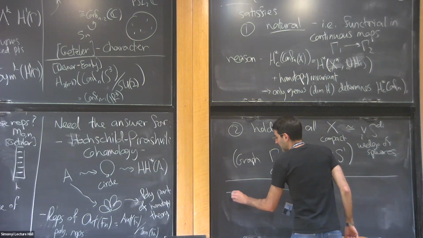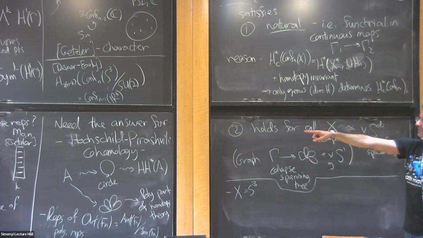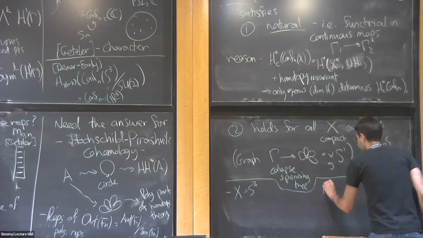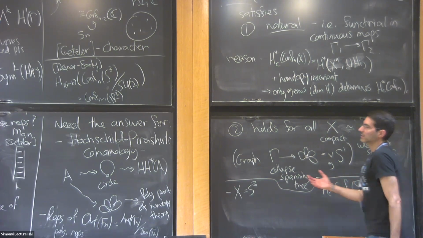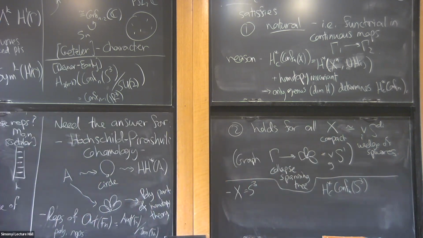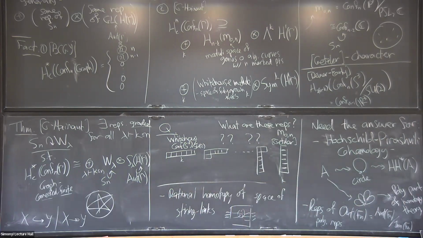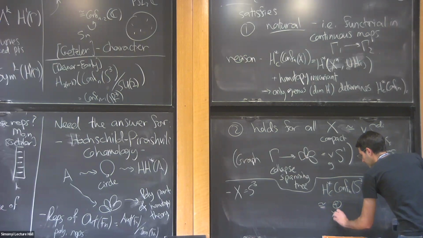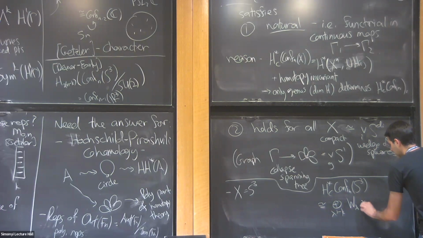Because if instead of taking a graph, we take X to be the 3-sphere, you know that on the one hand, you're supposed to get the compact support cohomology of the configuration space of endpoints in a 3-sphere, still needs to be expressed as this decomposition. So it needs to be isomorphic to the sum over all partitions of k, W lambda tensored S lambda of the cohomology of the 3-sphere, and this is reduced cohomology.